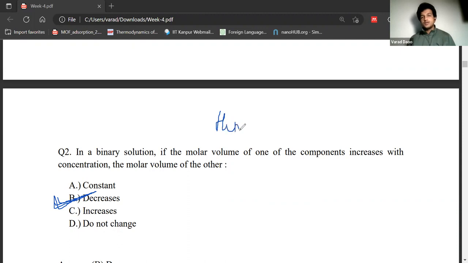How do you solve the problem? You use what is called the Gibbs-Duhem equation. Use Gibbs-Duhem.